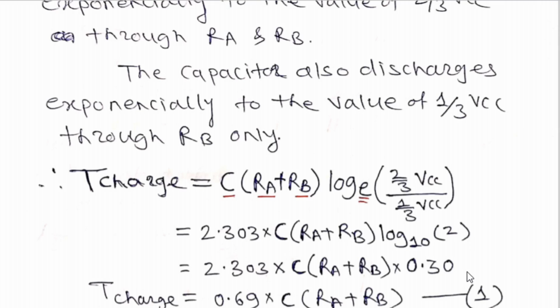Now very simple, next step: T is equal to 2.303, C is there, into bracket RA plus RB, log to the base 10 of 2. You can calculate with the help of a calculator, you will get 0.30. In this way, this equation is very simple.